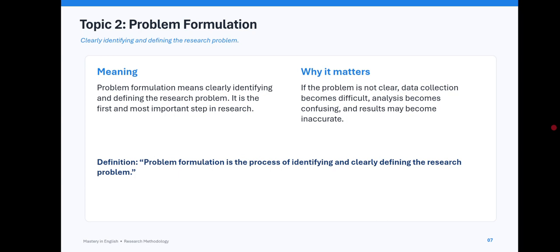So students, before conducting research, researchers must know what exactly the problem is. If the problem is not clear, the researcher becomes confused. Data collection becomes difficult and results may become inaccurate. For example, one student wants to crack the NET JRF exam.